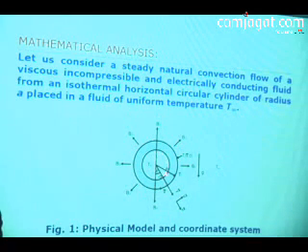The thickness of the cylinder considered is b. The x-bar axis is along the circumference of the cylinder, and the y-bar axis is normal to the cylinder.